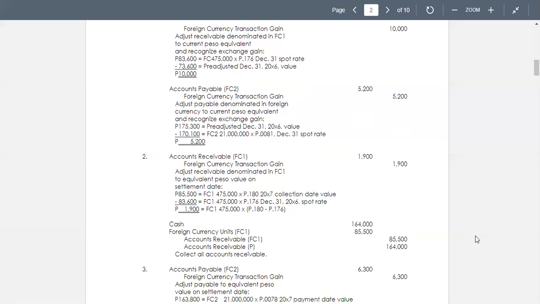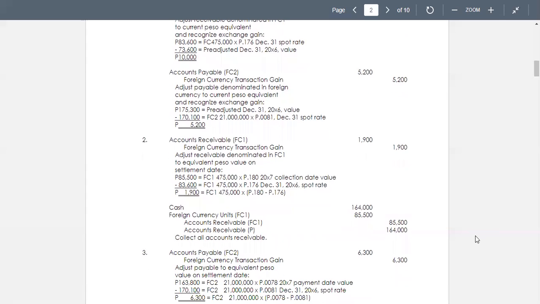Now, in requirement number 2, record the collection of the accounts receivable in 20x7. Then in number 3, we have to record the payment of accounts payable in 20x7.